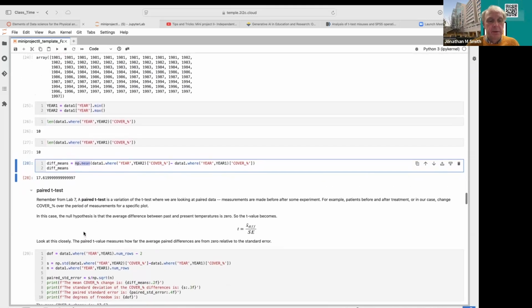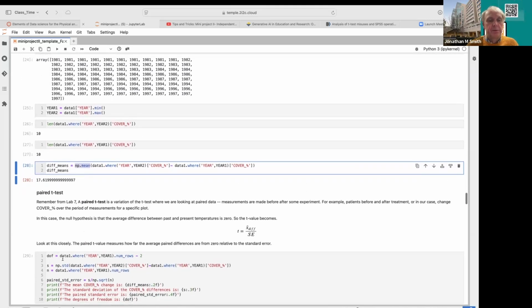So then when we come down to examining our degrees of freedom, it's going to be the number of rows in the data set. So I've called mine data 1, which relates to the TORD plot. And here I take away 2 because of the 2 degrees of freedom used up in the mean and in the standard deviation.